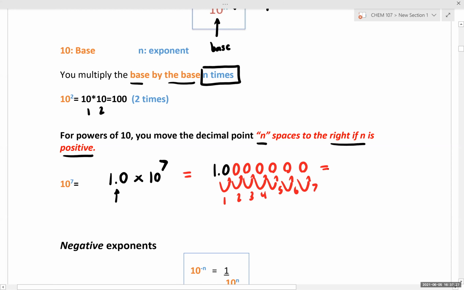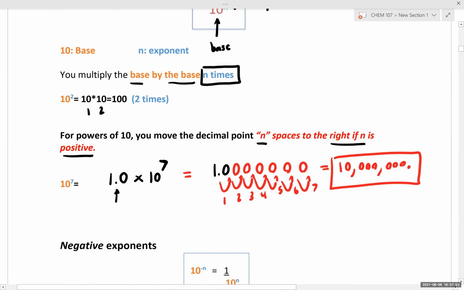Oops, I put my dividing line wrong. That's 1, 2, 3, 4, 5, 6, 7 zeros. So this would be 10 million. And you can even put the decimal point at the end if you want to make sure you've kept track of everything properly.